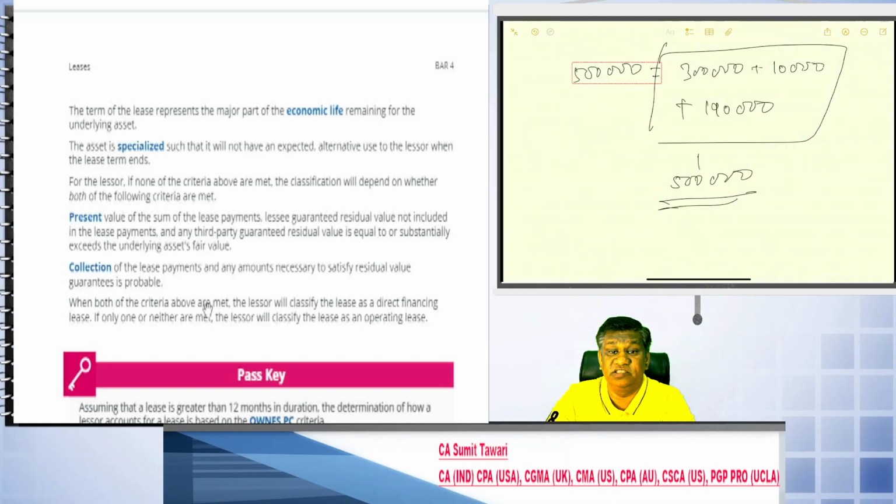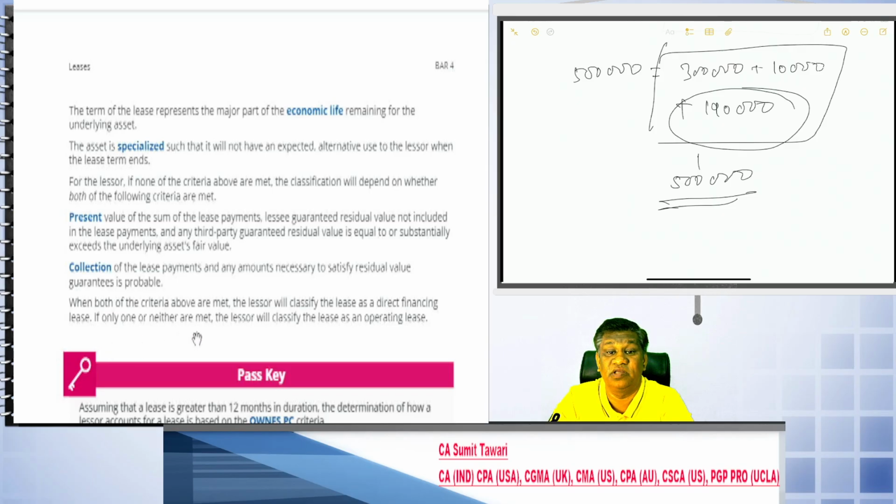Then collection of the lease payment and any such amount needed to satisfy the residual value guarantee is probable. Means whatever may be the amount, 1,90,000, that we can collect. Okay, so when both of the criteria above are met, the lessor will classify the lease as a direct financing lease.